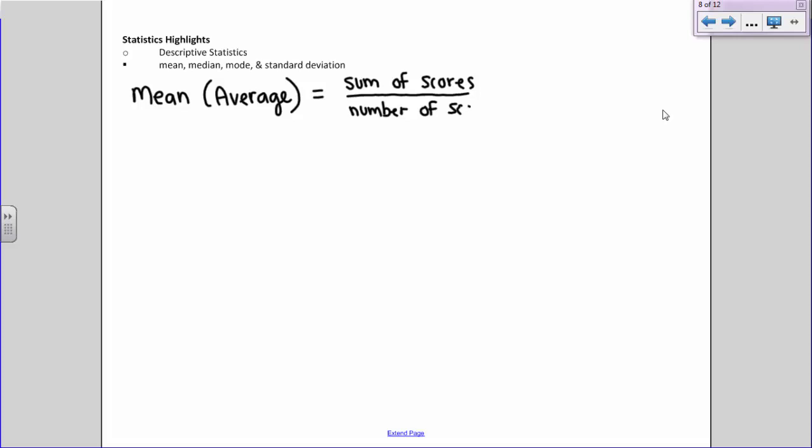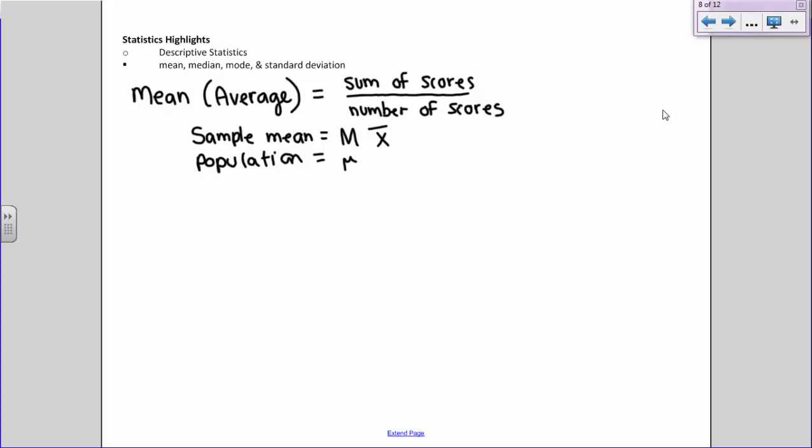Again, it's just the average. And a mean has different notation. For a sample mean, you might see it look like just an M or an X bar. And then if we're talking about a population mean for everybody, then you'll see a symbol like mu.